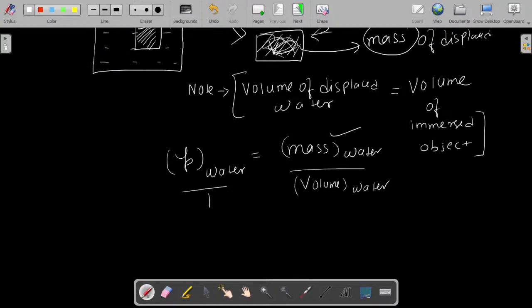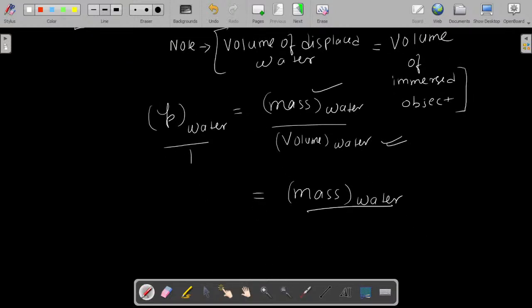So first you write density. We have to find the mass of water. In place of volume of water, we will write volume of immersed object, because both are the same. Already I discussed this thing.